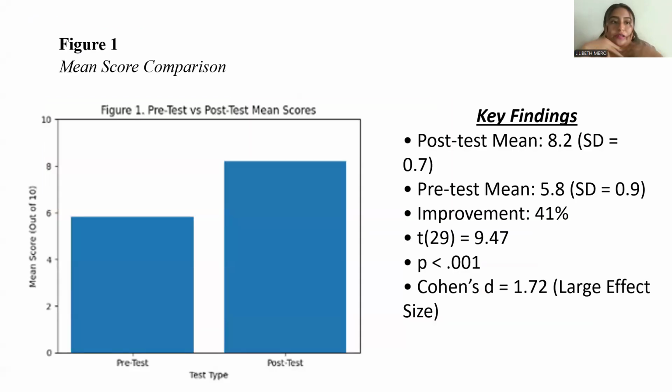Yes, observe figure number 1, mean score comparison, and the key findings. Posttest mean 8.2, SD equals 0.7; pretest mean 5.8, SD equals 0.9; improvement 41%; t(29) equals 9.47, p less than 0.001; Cohen's d equals 1.72, large effect size.